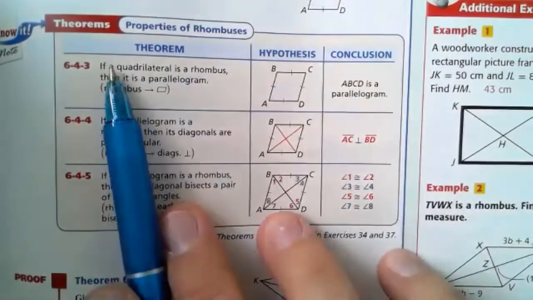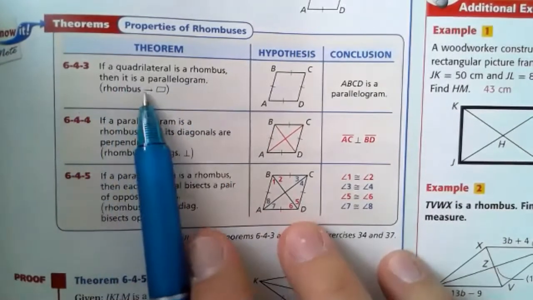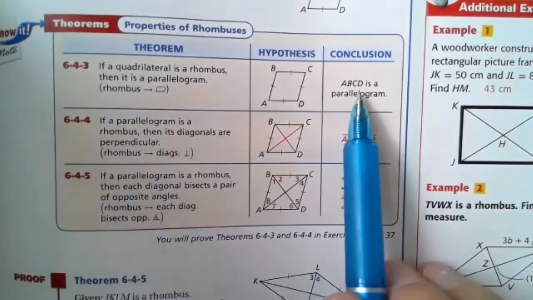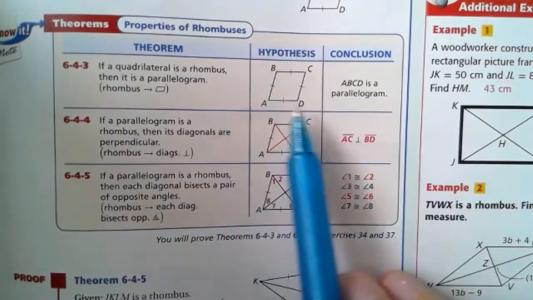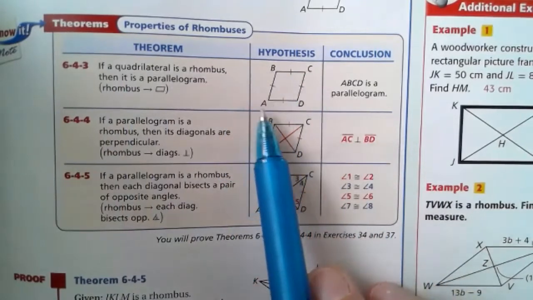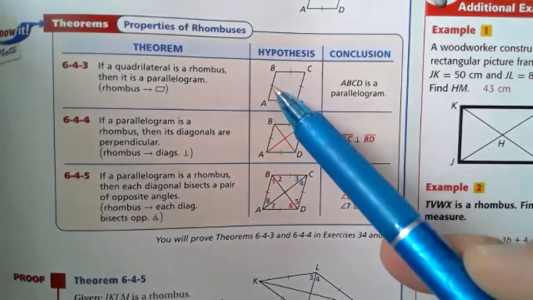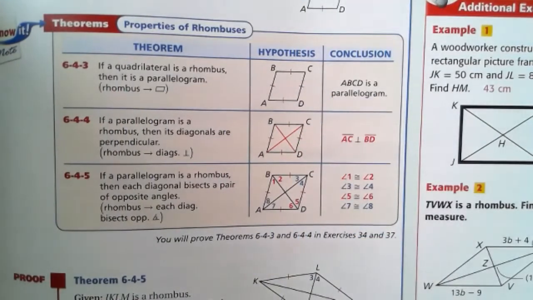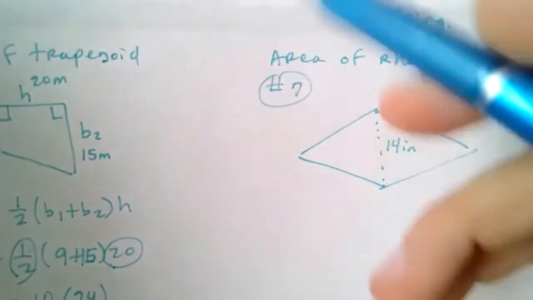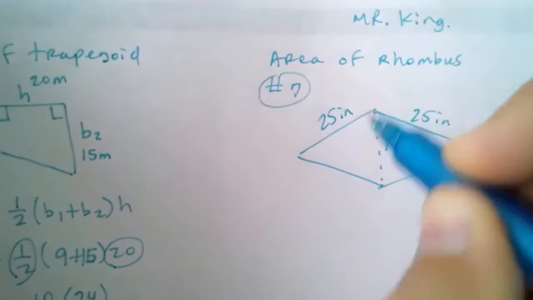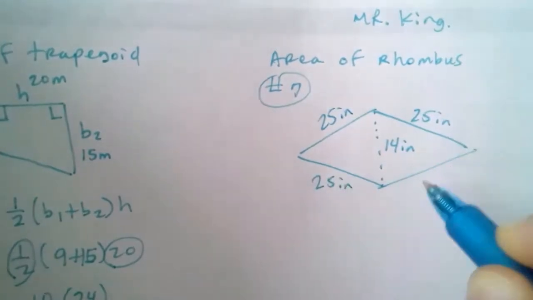If a quadrilateral is a rhombus, then it is a parallelogram. ABCD is a parallelogram, which means these sides are parallel. All these have tick marks on each side, so on this rhombus every side is 25 inches. We can go ahead and write that out.